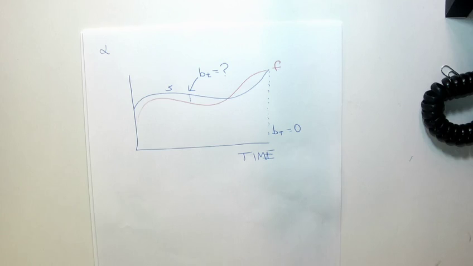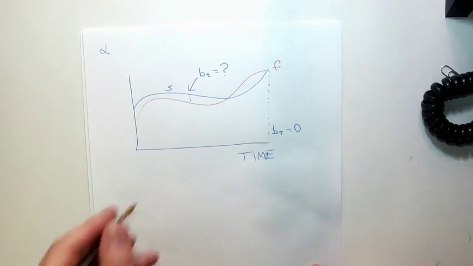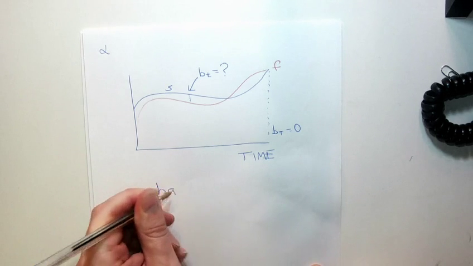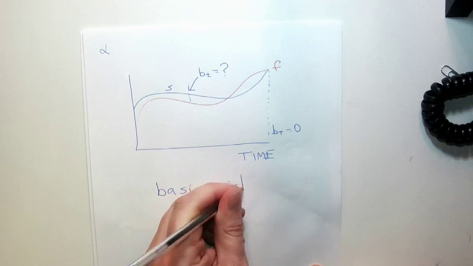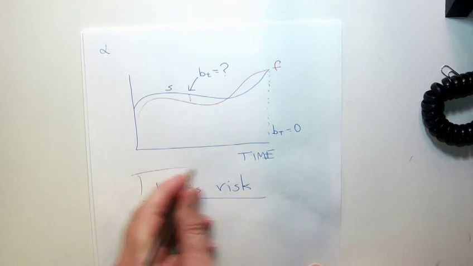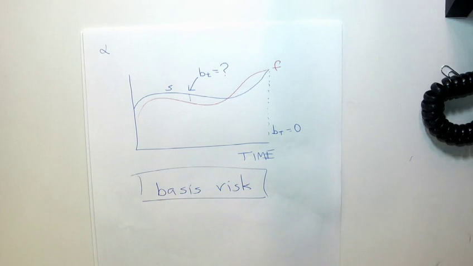If you decide to close out your position prior to expiration, you run basis risk. And the examples that I'm going to show you later on are going to demonstrate that this is the main reason why you do not know if the hedge is going to work or not.